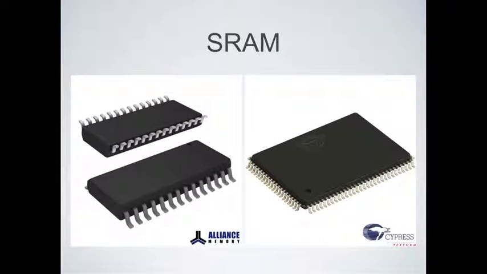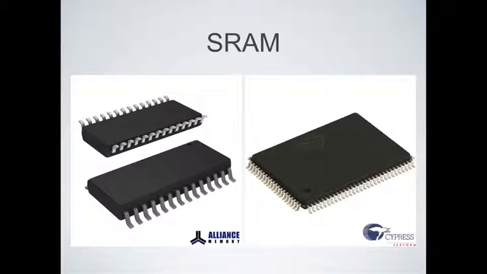So let's take a look at some RAM. This is static RAM, something almost everyone should be accustomed to. Static RAM is essentially the same type of memory you're going to find inside of a desktop. Once the system turns on, you start writing to RAM.